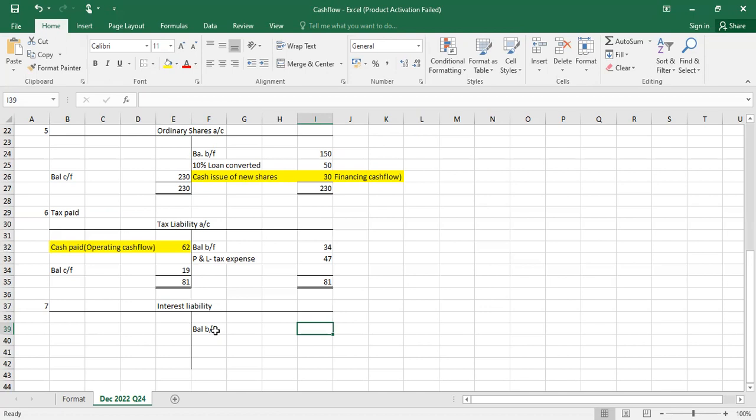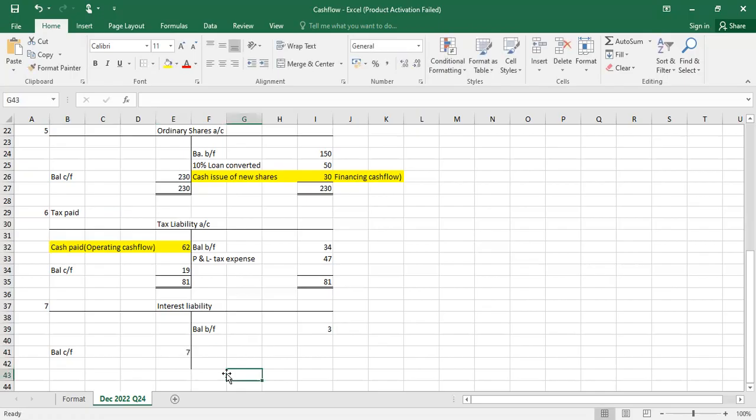Look at under the current liabilities, the interest payable. At the start of the year, we are told we have a 3. And then, of course, the carried forward figure on the debit side, we are told that we have how much? We have 7.